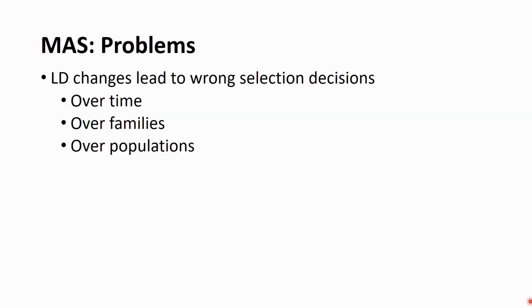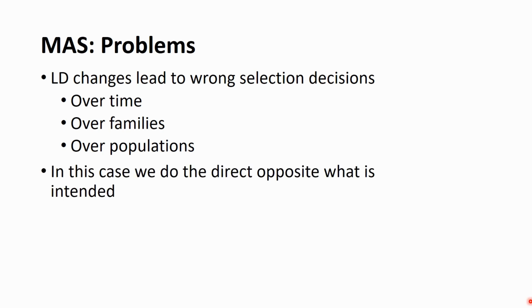Also, of course, depending on the distance of the marker from the actual QTL, the LD might change and lead to wrong selection decisions over time in different families, in different populations. And ultimately, we can do the exact opposite thing that we intend to do. So to summarize, the idea was good, but there were a lot of unknowns which we could not control.